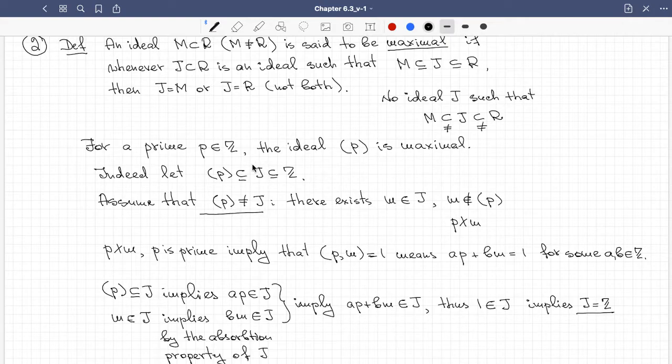There is no bigger ideal except Z itself.